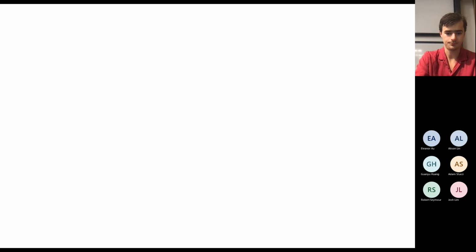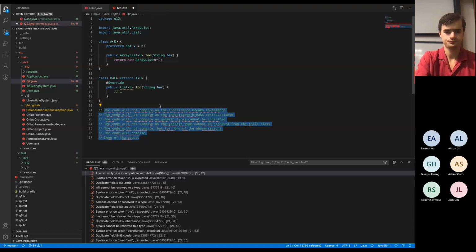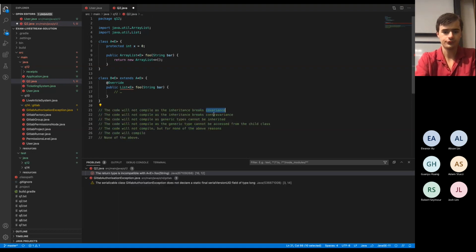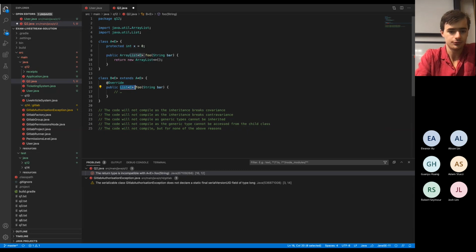I'm just going to copy the parts of the question here: covariance, contravariance, generic types, more generic types. The problem is to do with this list E here specifically. And so it says the return type is incompatible with ae.foo string.